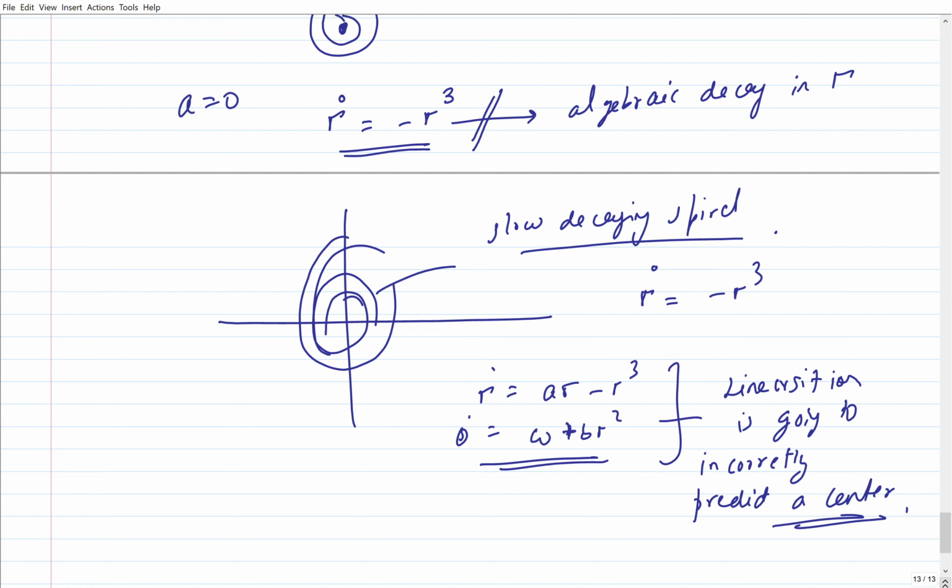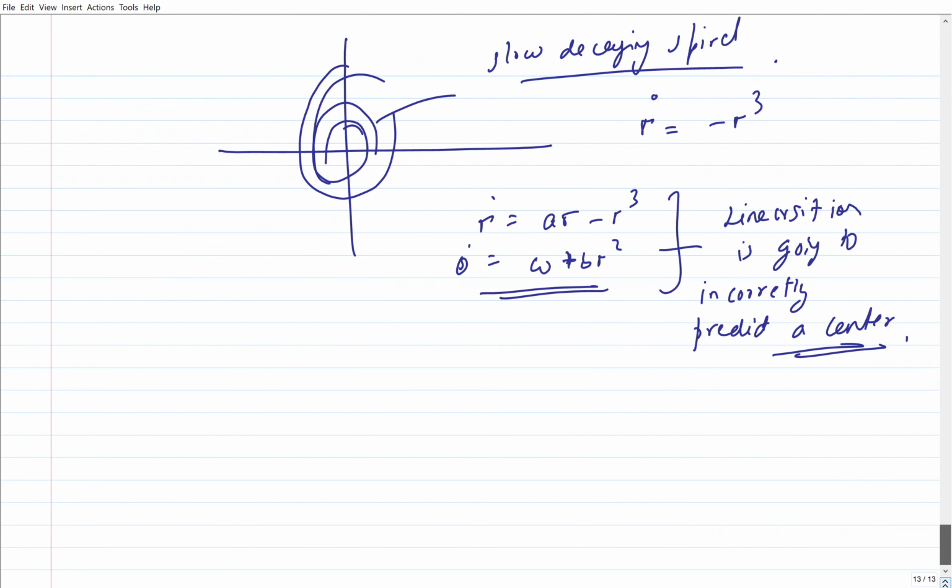And then what happens for a greater than 0? Something interesting happens. I have an unstable spiral surrounded by, so I'll just write it down, r dot equals ar minus r cubed.